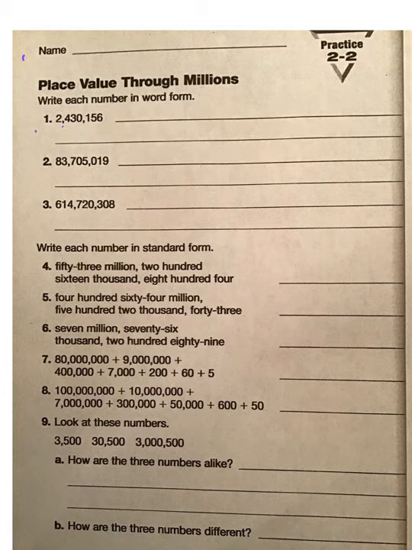In problem 2, we see the number 83,705,019. That says 83 million. So we write 80 hyphen 3 million. And of course we put our comma.